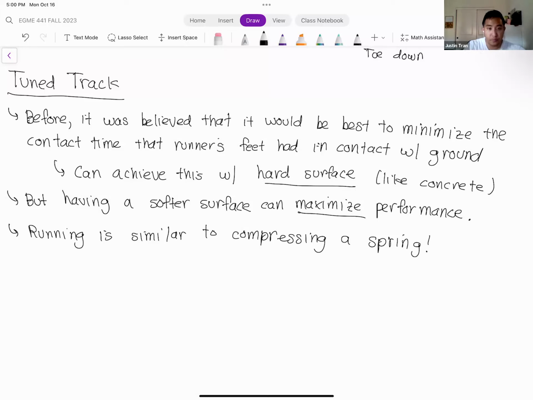Okay. And so you can draw a very simple model of a foot.